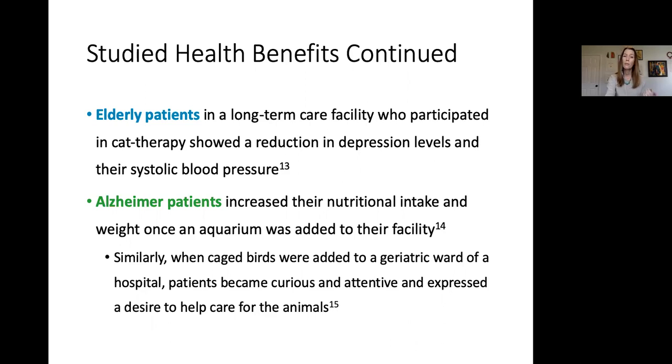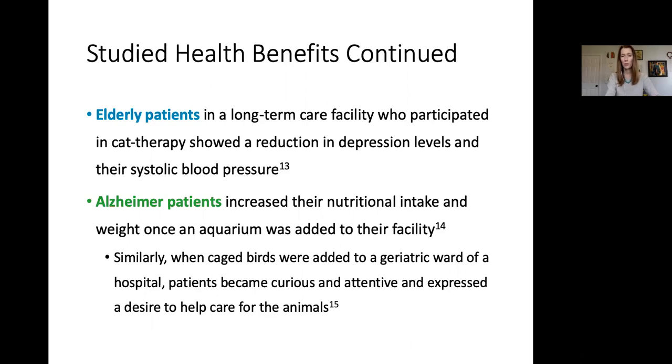In an Alzheimer's patient's facility, when an aquarium was added, they actually increased their nutritional intake and healthier weight. So they have shown that just having animals nearby, even when direct contact cannot be had, just seeing the animals can assist with some of these health outcomes.